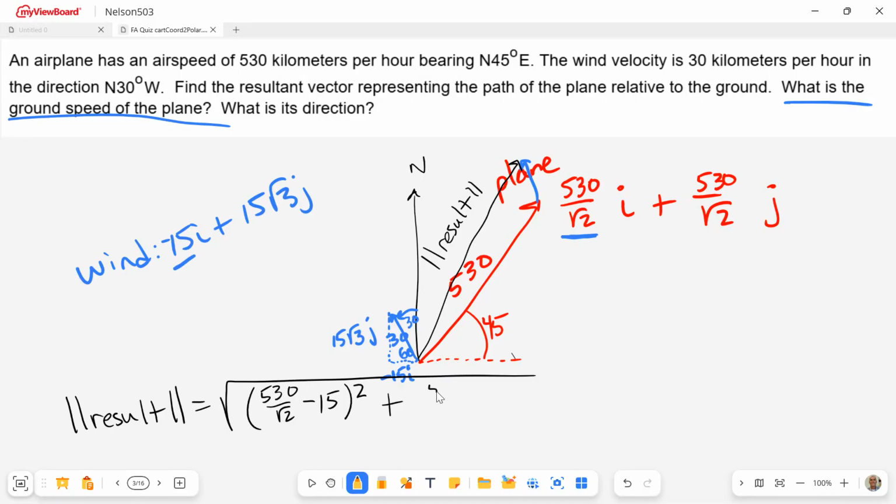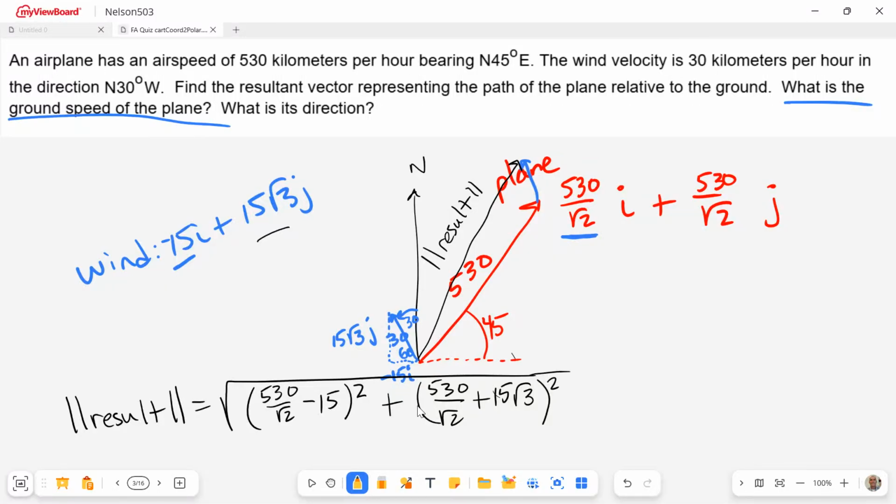So I'm going to have 530, oops. Let's do 530 divided by the square root of 2 plus 15 square root of 3. I don't think I said the square root of 3 part. So I'm going to add 15 square root of 3, and I got to square that. That's going to give me my magnitude.